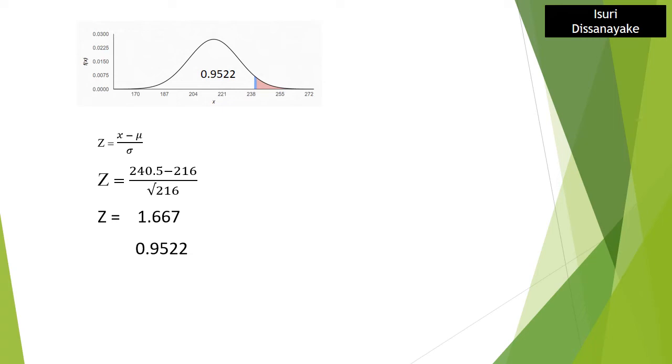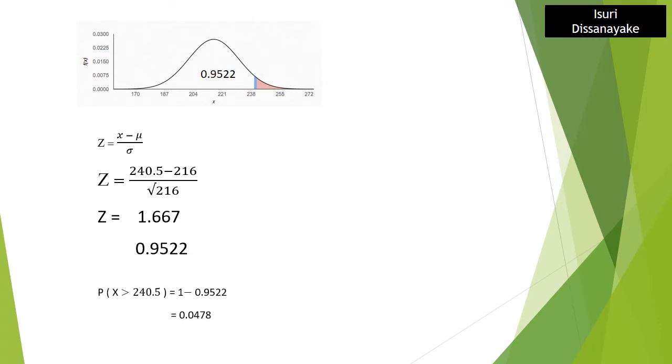So the probability that is relevant for 1.67 is this particular probability from here to here, because the tables give you the probabilities from left to right. So this probability is 0.9522. But the relevant probability is what is shaded in red, because according to the question, it is the probability of x being greater than 240.5.